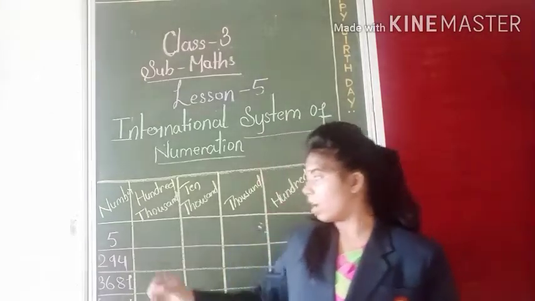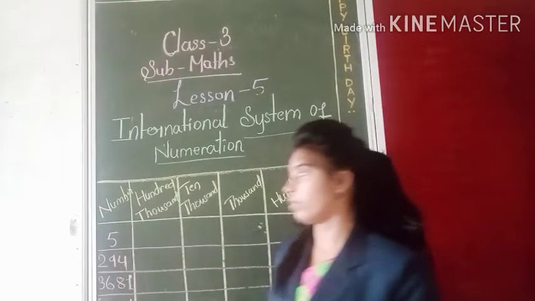Now let's see how we can arrange numbers in this table. First number, 5.